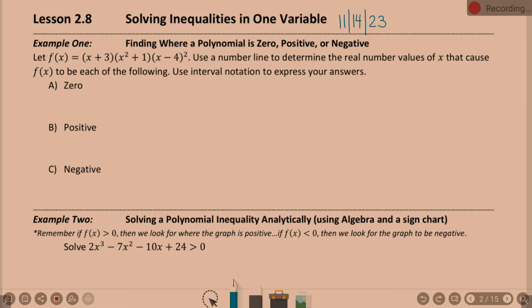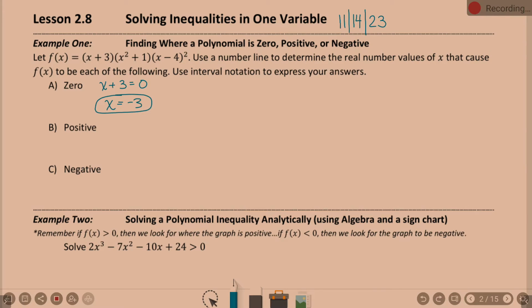If it's already in factored form, then it's setting each factor equal to 0, correct? So when Autumn's talking about -3, it's because she's taking x plus 3, setting it equal to 0. So we know one place that this function will equal 0 is at -3, because if I plug -3 in for x, I'm going to get 0.